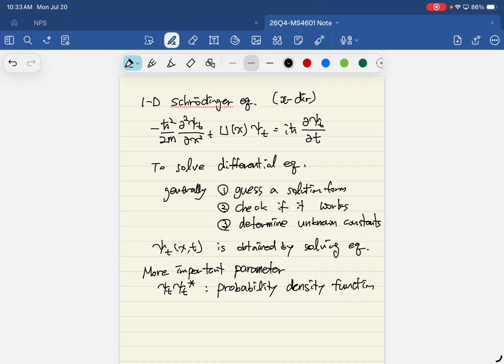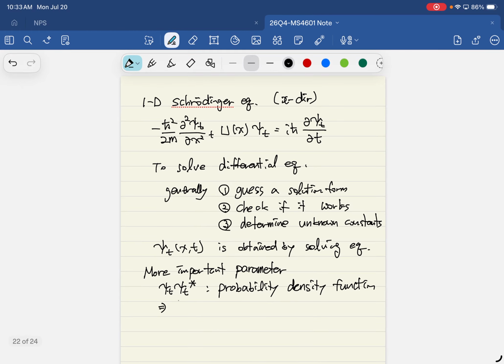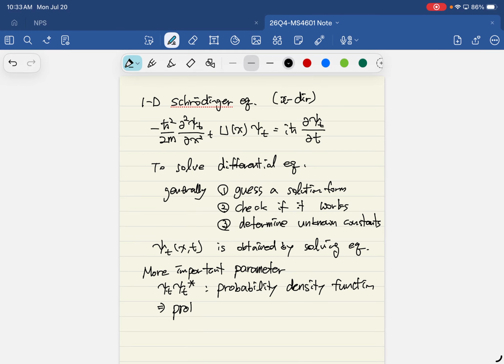Okay? And then why is this a more important concept? Because this one tells us the probability to find the matter at location x, okay?